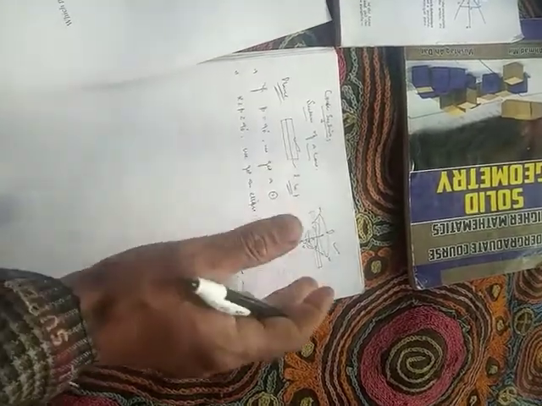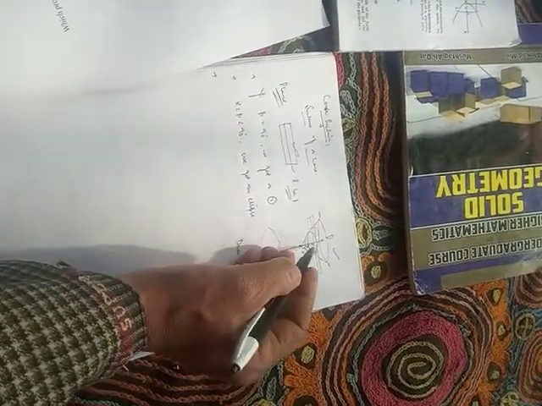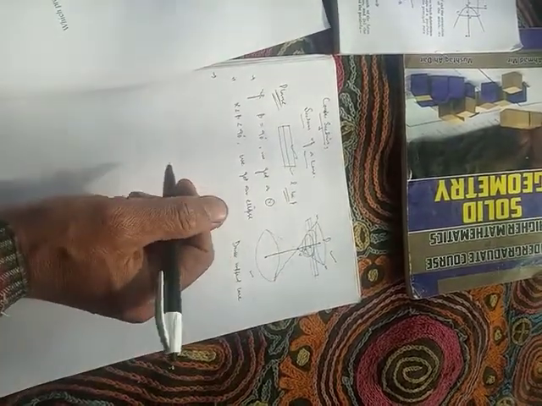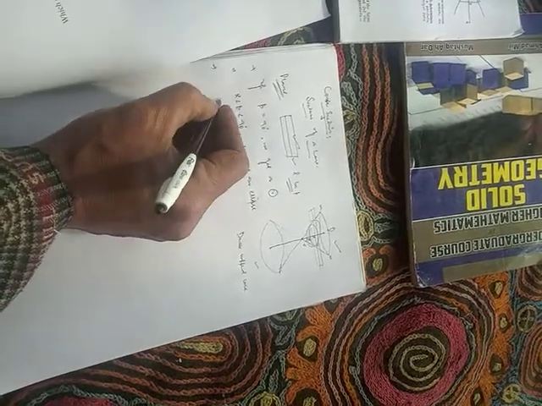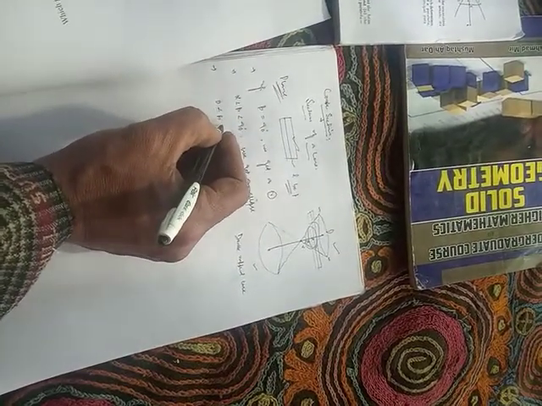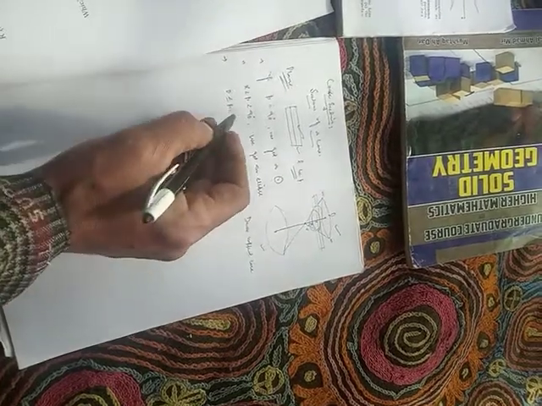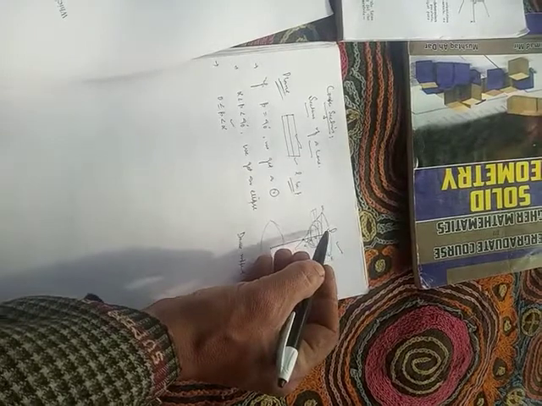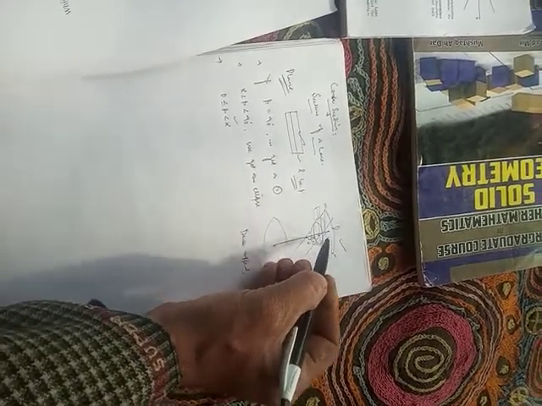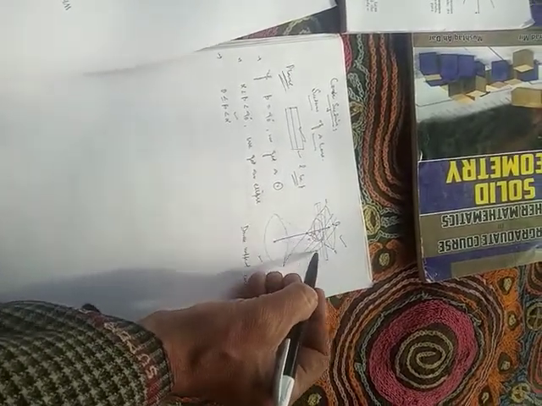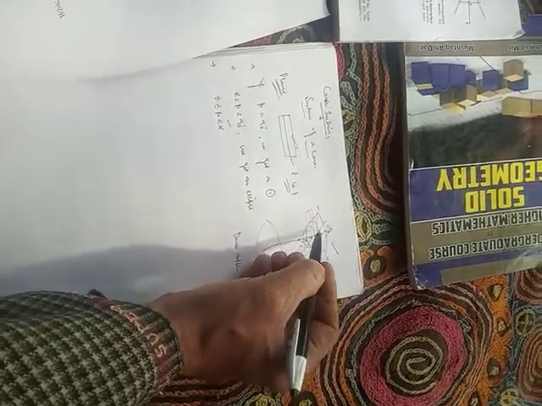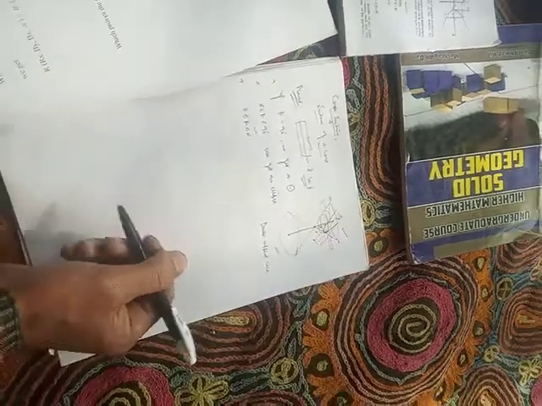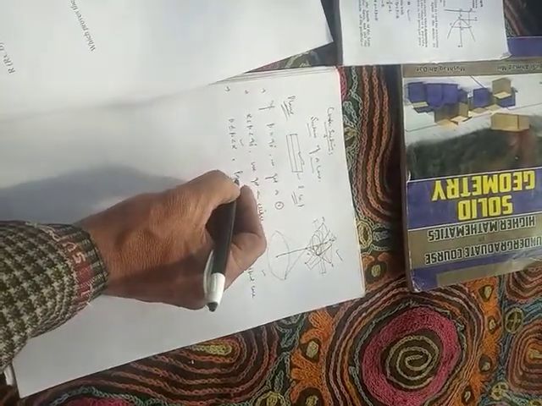And again, if we alter this beta, that means we take beta such that 0 less than or equal to beta less than alpha, that means it will cut it like this. Our plane will be like this. So we will get a figure like this, a U-shaped figure, and that is known as a parabola.